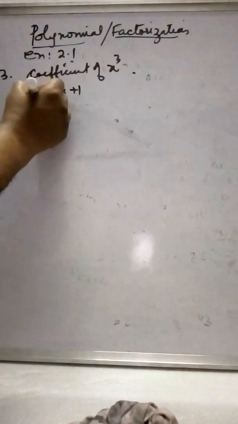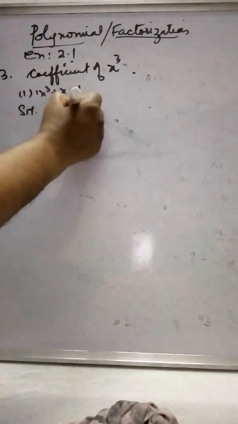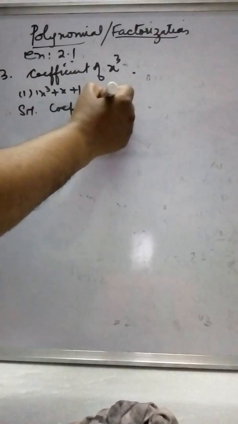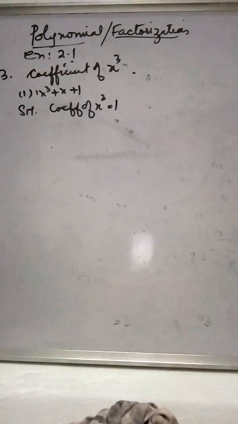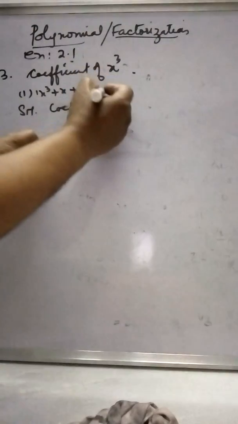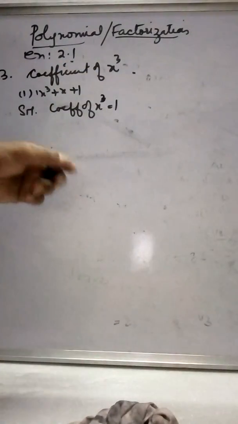Solution: here the coefficient is 1, so the coefficient of x cube is equal to 1. Generally, whenever we don't have any coefficient for the variable, we take 1 as the coefficient of the variable. So the coefficient of x cube is 1 here.